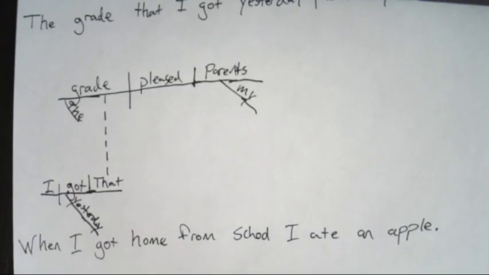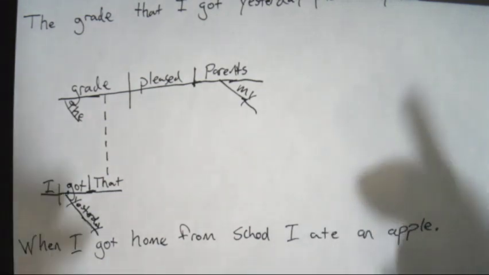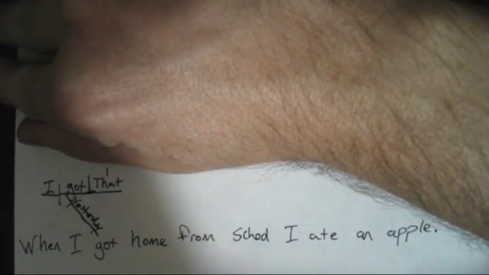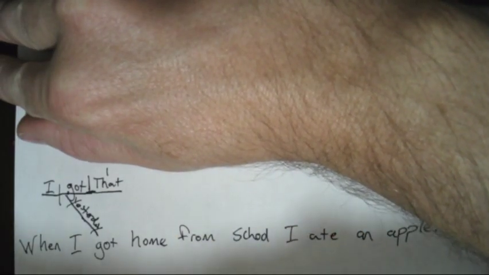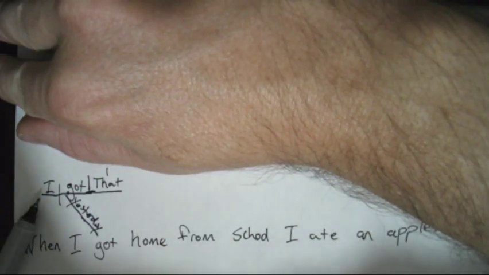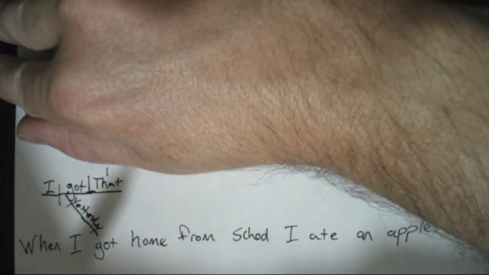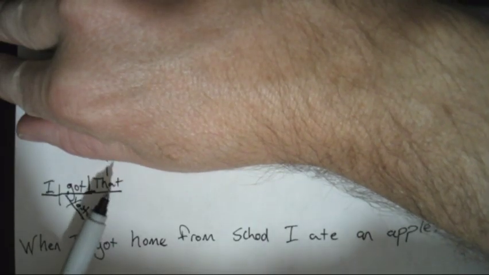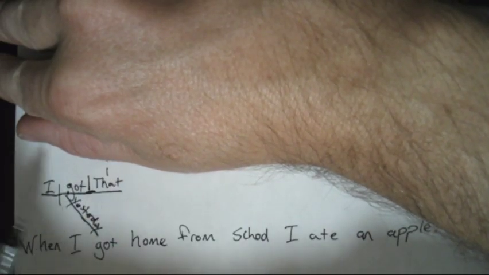Now, how can you identify a clause? Well, what have we got here? We've actually got a whole different sentence. You know, we could cover up the top part. I got that yesterday. Well, that's a sentence, right? That's a complete thought. It has a subject. It has a verb, right? It even has a direct object, and it has a modifier.